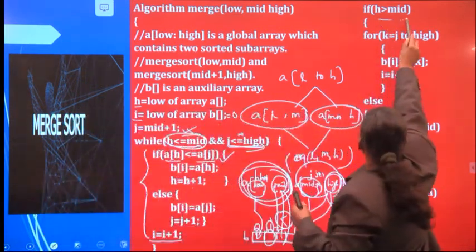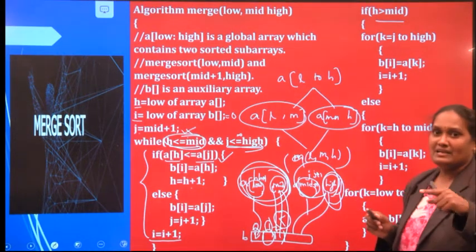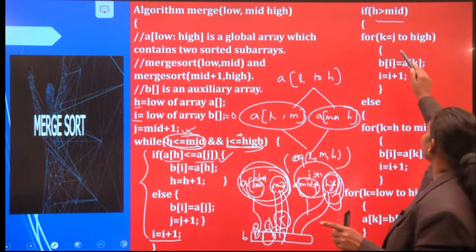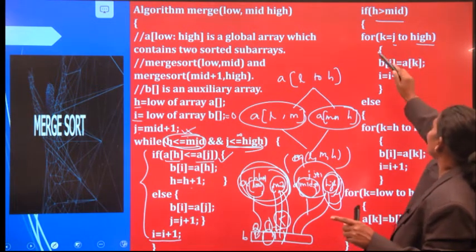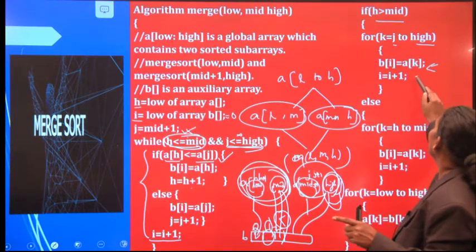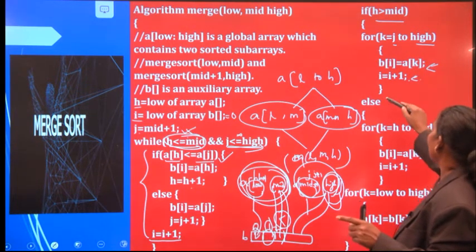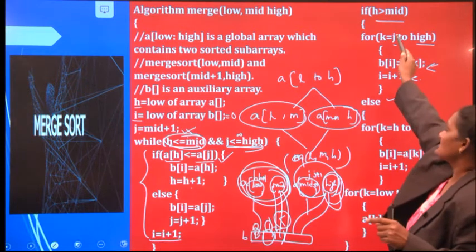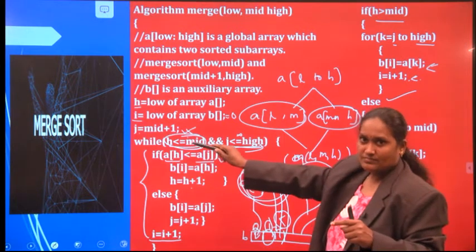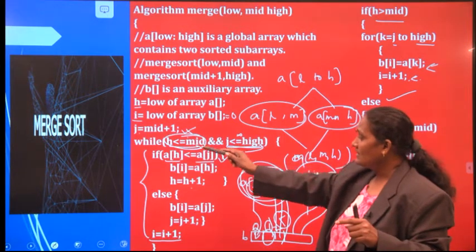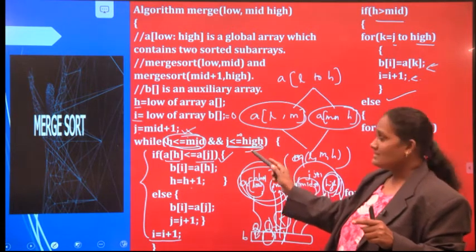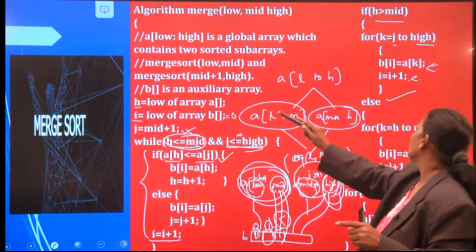If H is greater than mid, the elements in the first subarray are completed. In that case, for K equal to J to high, the remaining elements of the second subarray are copied to B and the I value is incremented. Else, if that condition is false, this one holds, so some elements are present in the first array.